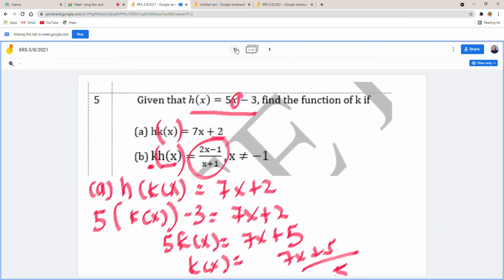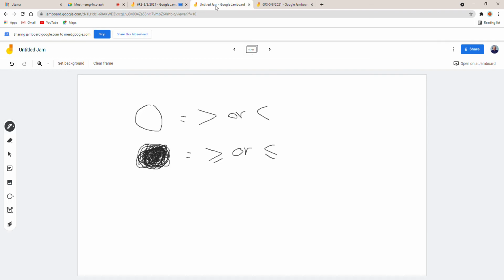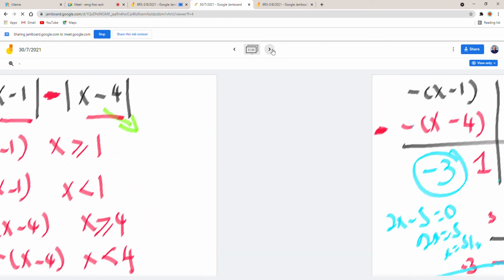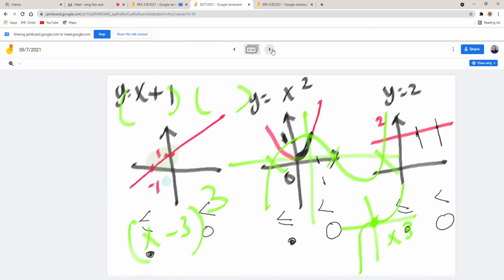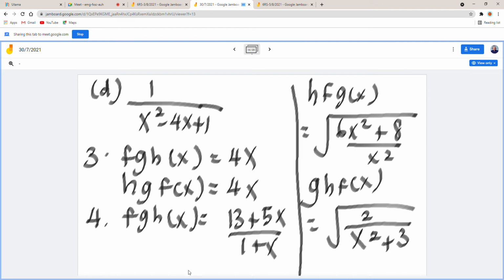Now I go for question 4. This is a different one. This is the answer for question 4.